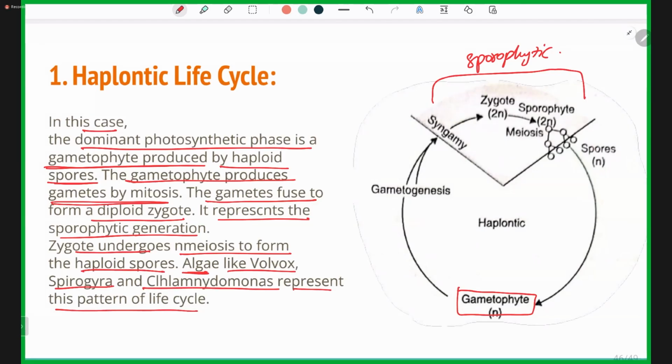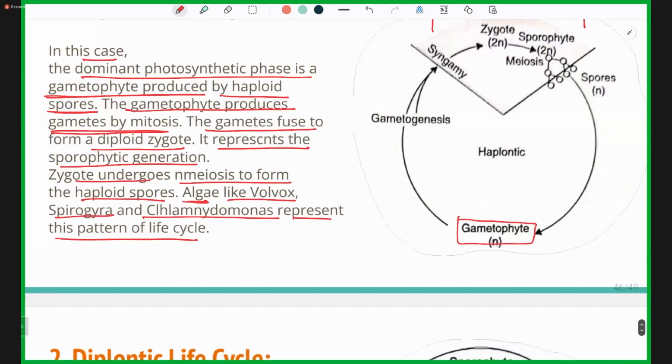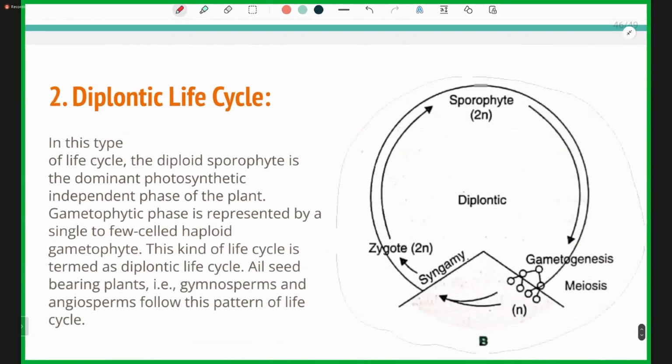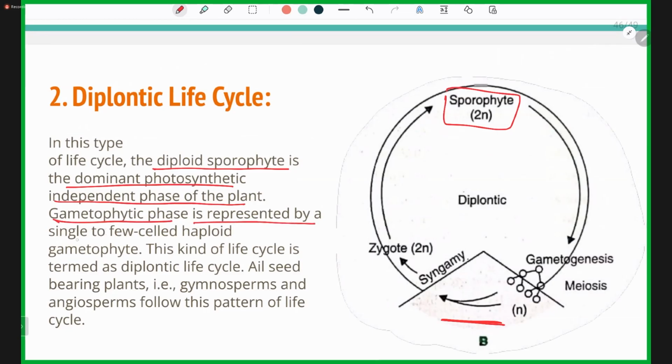There are three kinds of life cycle: haplontic, diplontic, and haplodiplontic. The second is diplontic, which is dominant in gymnosperms and angiosperms. As we've seen, the sporophytic plant body is the dominant one, and the gametophytic one is reduced, inconspicuous, and reduced to a few cells. So in this type of life cycle, the diploid sporophyte is the dominant photosynthetic independent phase of the plant, and the gametophytic phase is represented by a single to few-celled haploid gametophyte.